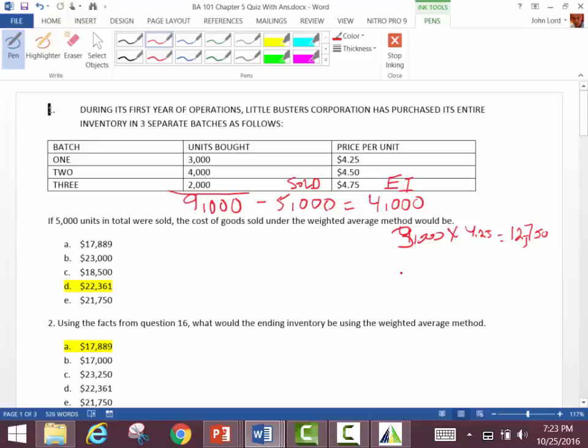Next one. 4,000 times 450. 18,000. Good. Then the 2,000 times the 475. 9,500.